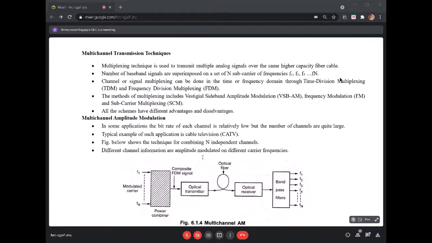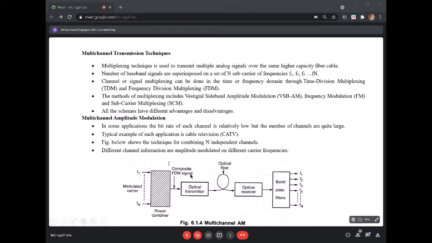Each with a different carrier frequency and different baseband signal, that is the information signal. Each information is different, so all those signals are combined, superimposed on one another, to form a composite signal.